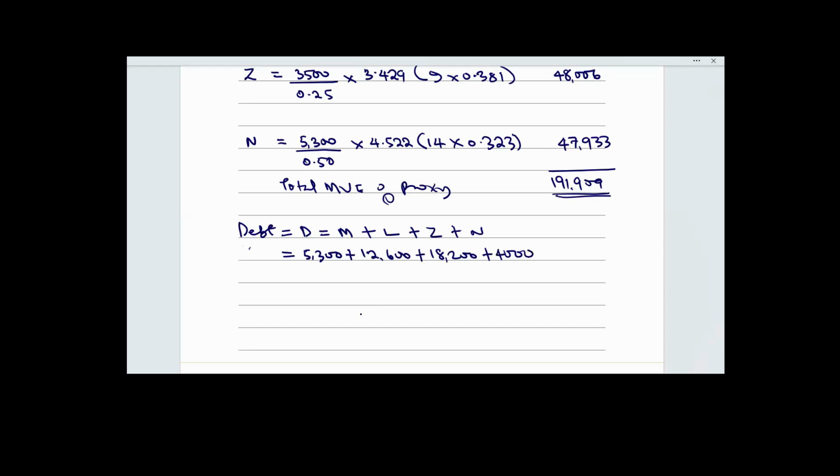So let's add everything together. What do you get? 40,100. 40,100 is the total value of debt.